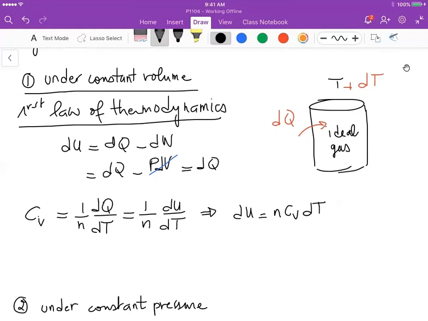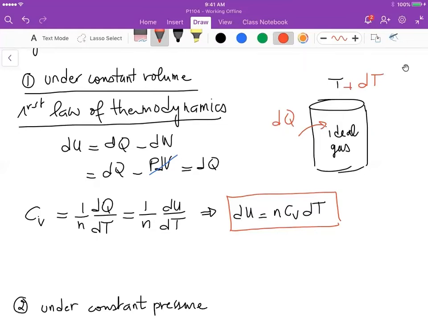So the variation in the internal energy of an ideal gas is proportional to the variation in its temperature, and the coefficient of proportionality includes the heat capacity at constant volume, CV.